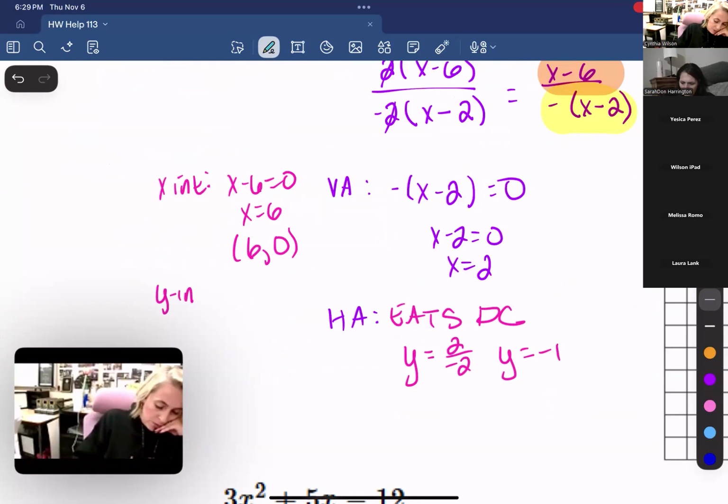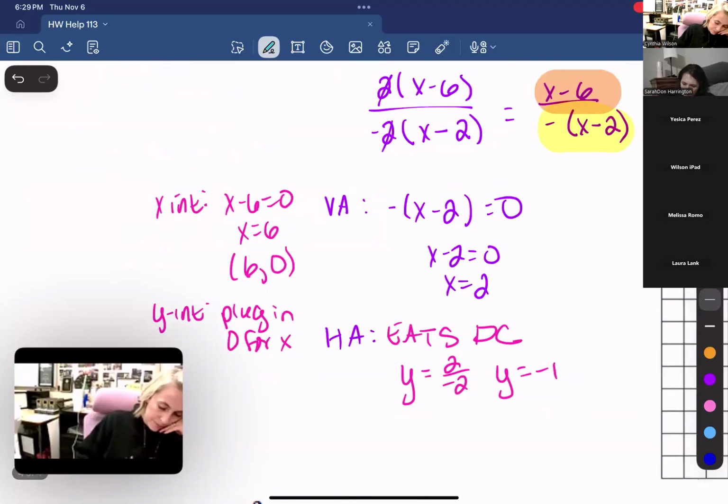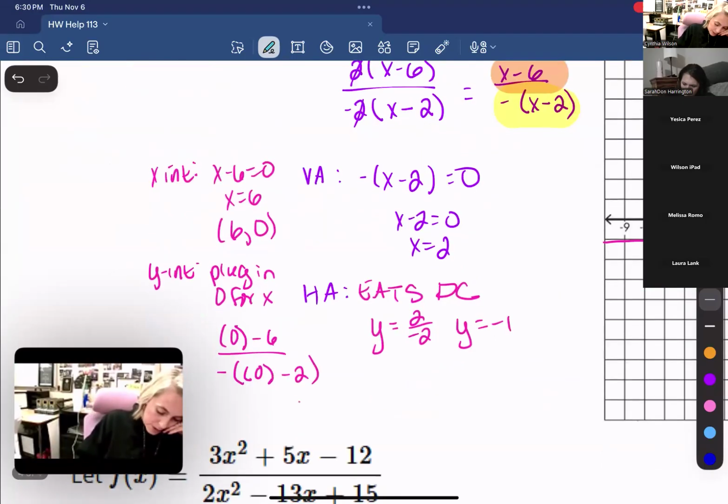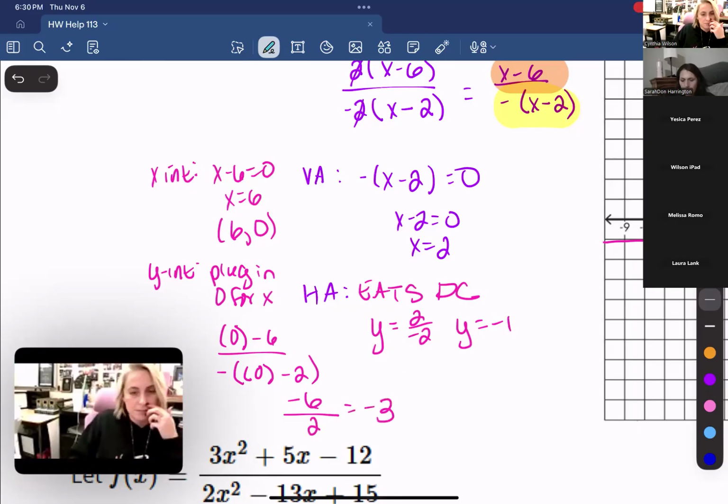For the y-intercept, you plug in 0 for x. So we have 0 minus 6 over -0 minus 2. That is a -6 over a +2, so that is a -3.